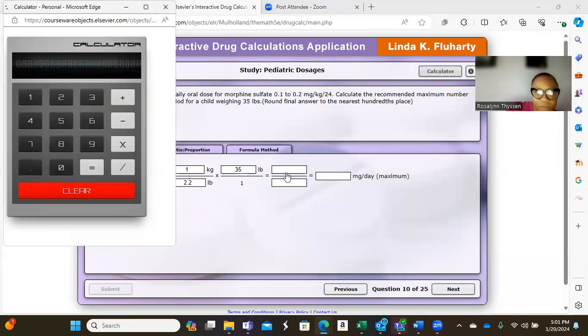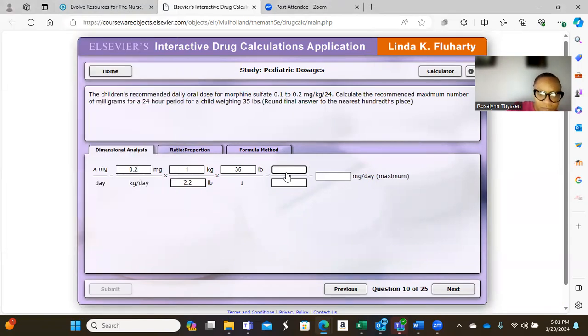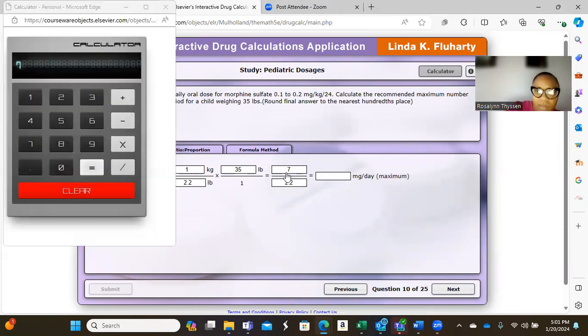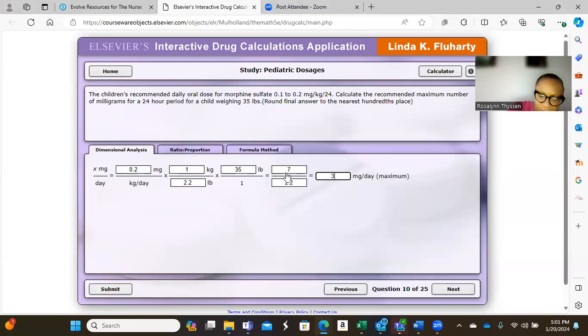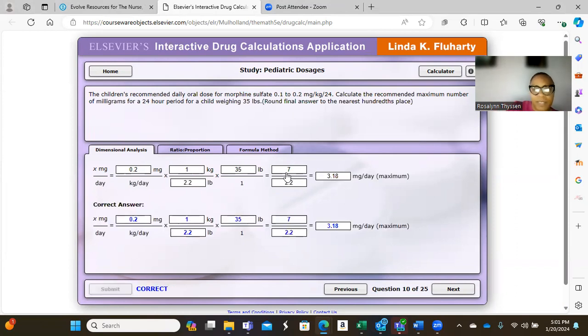So 0.2 times 35 is 7, divided by that 2.2. So 7 divided by 2.2 is 3.18. And I'm rounding to 2 places because it says round to the nearest hundredths place.